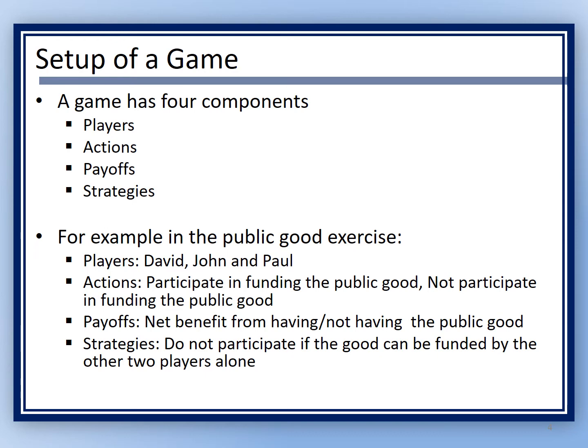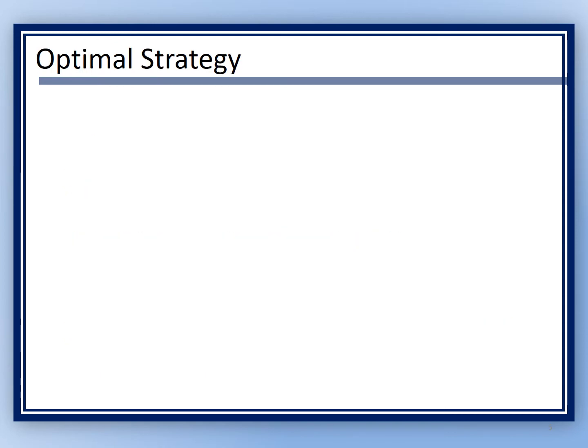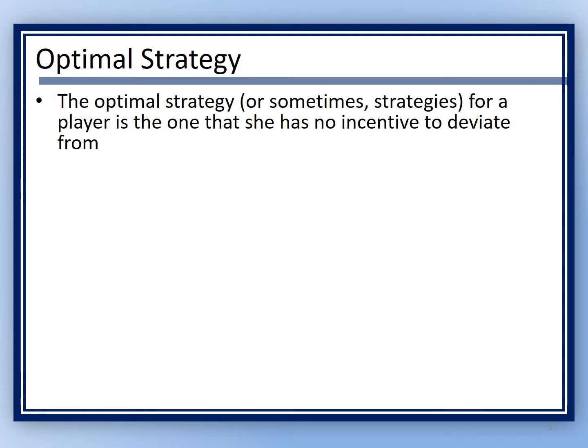And in game theory, once again, the objective is to find the optimal strategy. What is an optimal strategy? An optimal strategy in game theory is a strategy that you want to stick with. That's what you want to do, given the situation at hand, right? You have no incentive to deviate from the strategy.